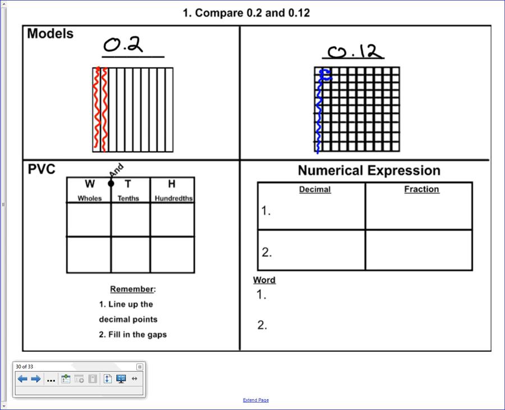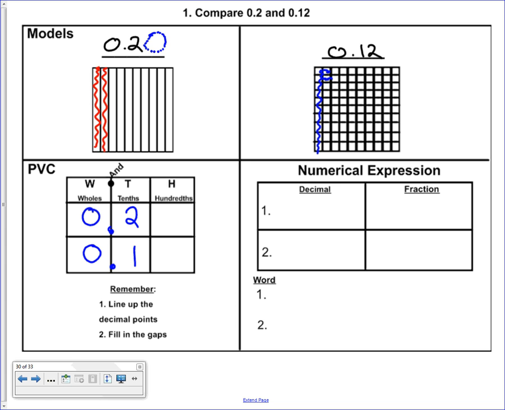All right, because I'm using hundredths over on the right side, we're going to go like that. There's actually a 0 there. And compare it using there. So in the first one, neither of them have a whole. In this first one, it's 2/10.